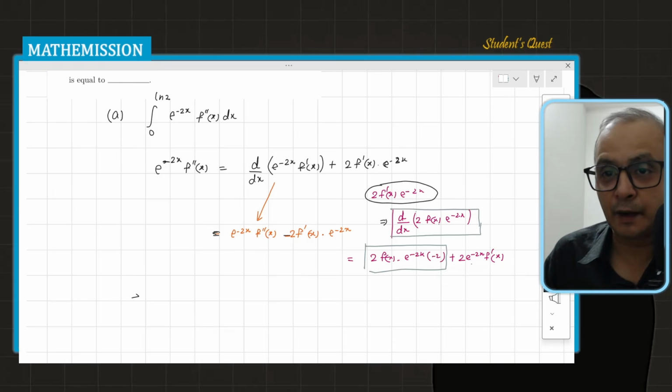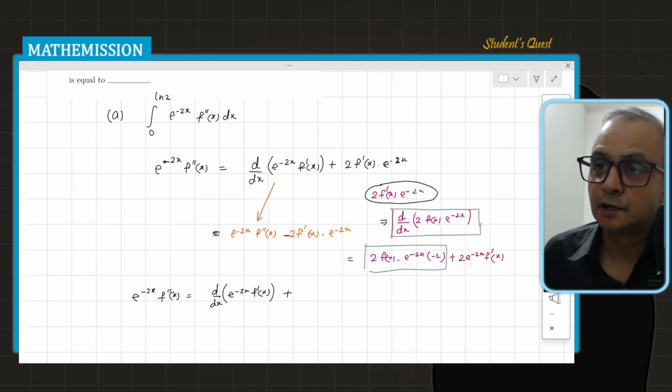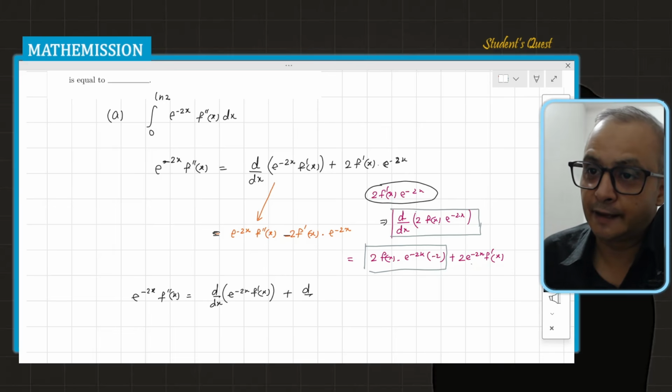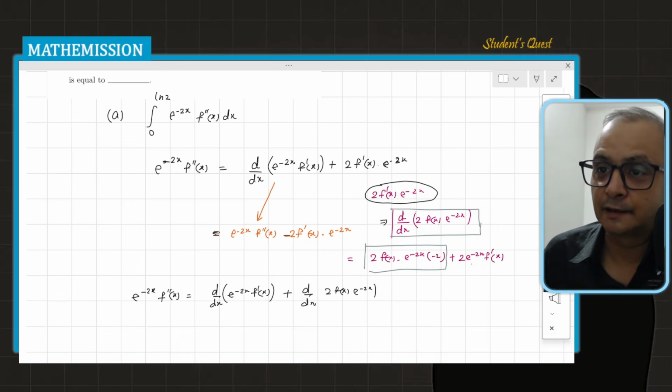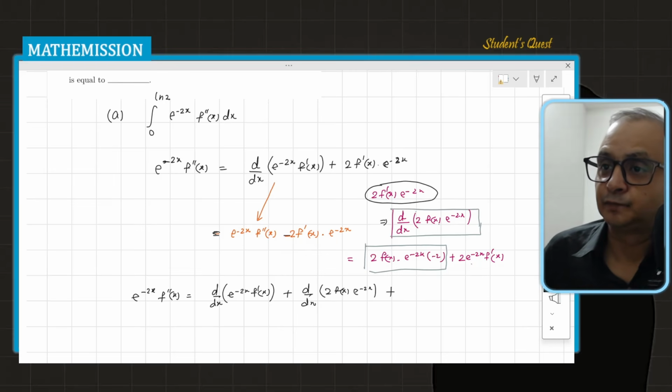So this e to the power minus 2x f''(x) is d by dx of e to the power minus 2x into f'(x), plus this thing there. So this will give you d by dx of 2f(x) into e to the power minus 2x, and then plus this guy.